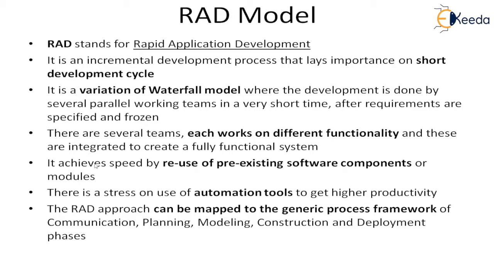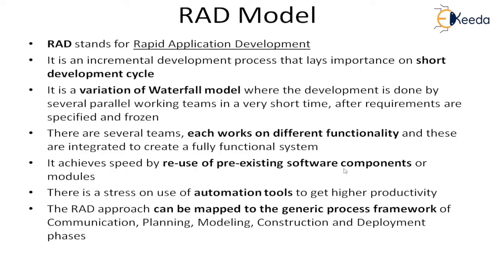It achieves the speed by reuse of pre-existing software components or modules. So this is another way by which we can get this short-duration development of the project. There is a stress on the use of automation tools to get higher productivity.